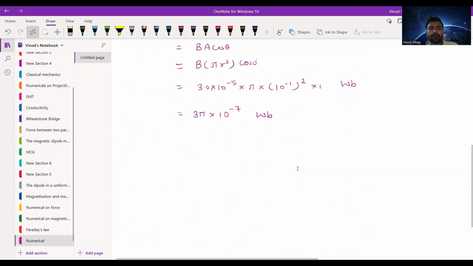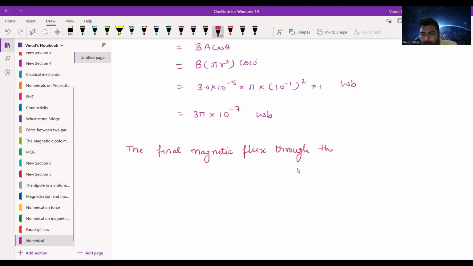Therefore the final magnetic flux through the coil is phi B final equals BA cos 180 degrees.